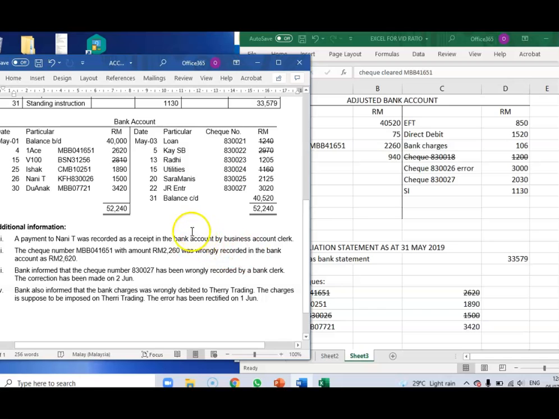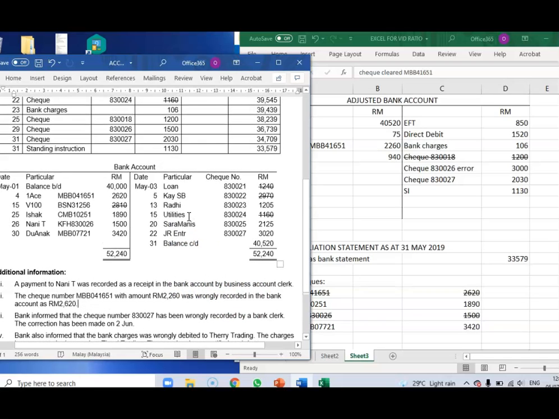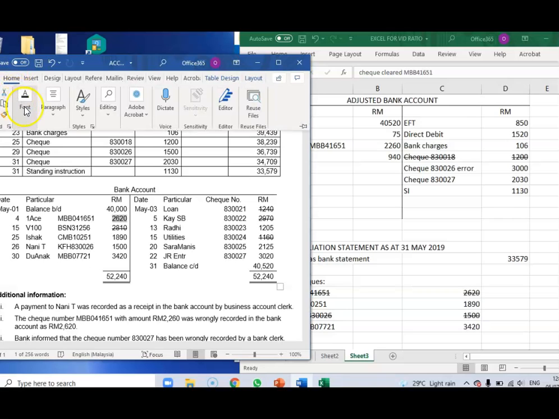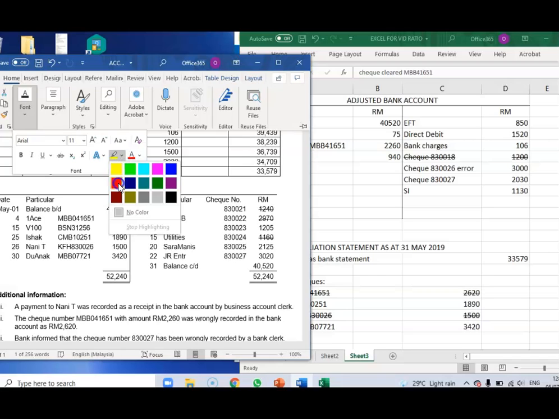So it's easy if you have a highlighter. For MBB 41651, the one with the wrong amount, you highlight with the red color.